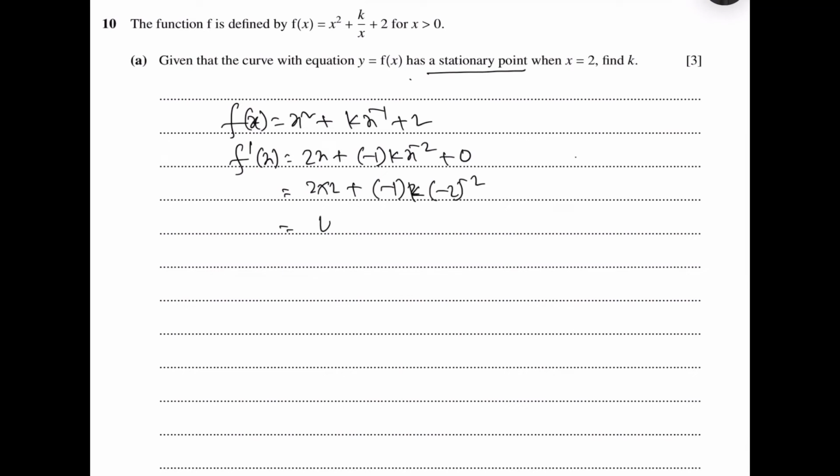Let me simplify: 4 minus k by 4. So for the stationary point, f dash x equals 0. That means 4 minus k by 4 equals 0. So k equals 16. So this is the value of k.